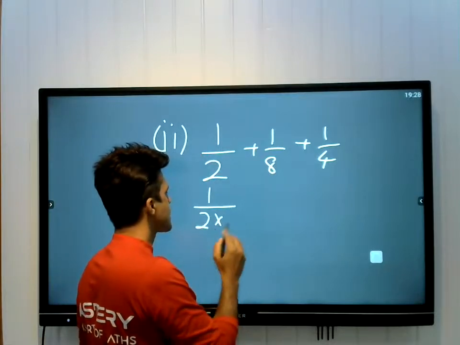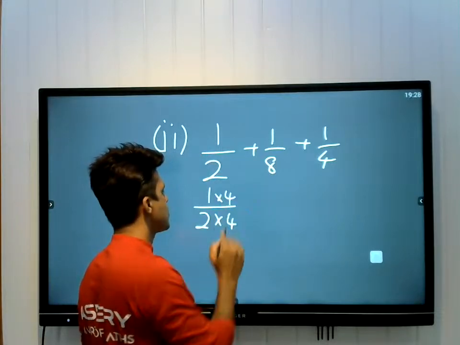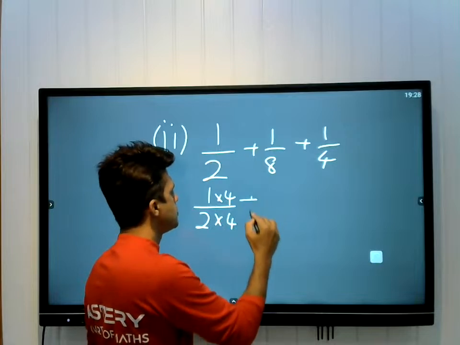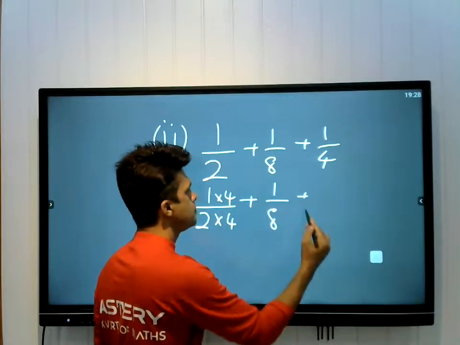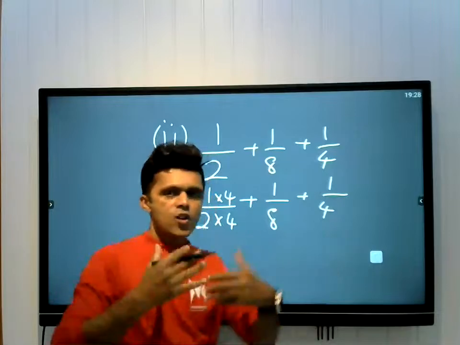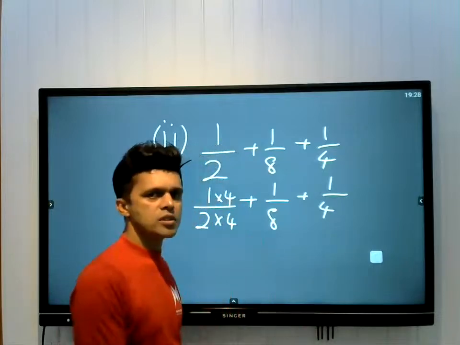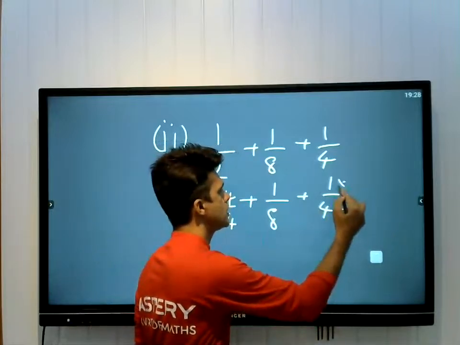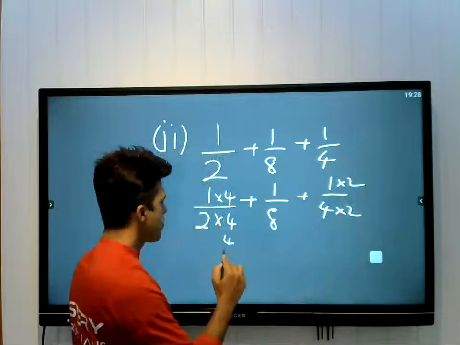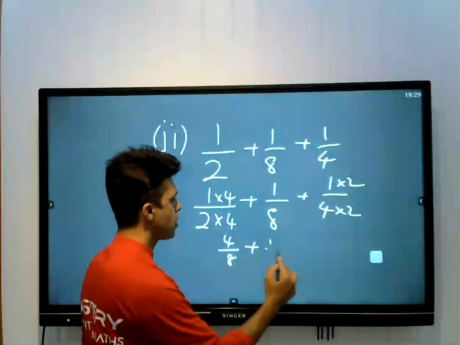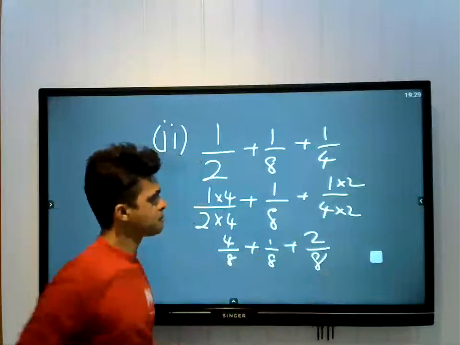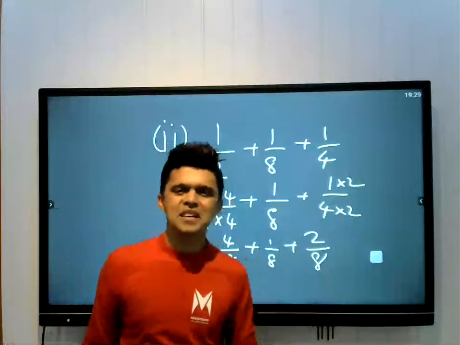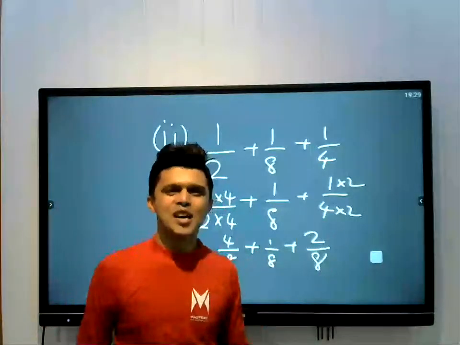Here, multiply both sides by 4 to get 8. In this fraction, multiply both sides by 2. So 1 times 4 is 4, 2 times 4 is 8, giving 4 over 8, plus 1 over 8, plus 1 times 2 is 2, 4 times 2 is 8. Now we have made equal denominators.